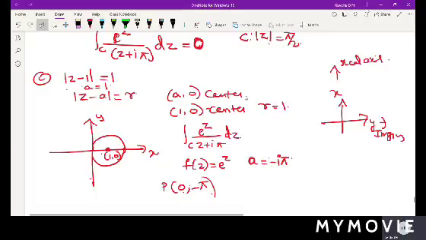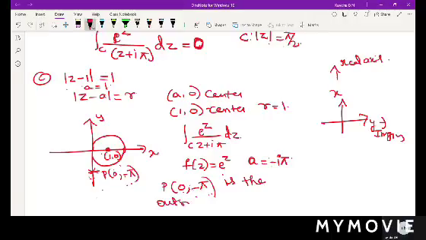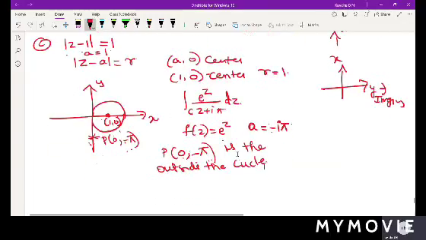Observe the diagram. The point (0, minus π) lies outside the circle. Then you can directly write down 0.